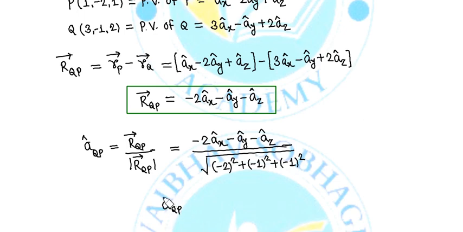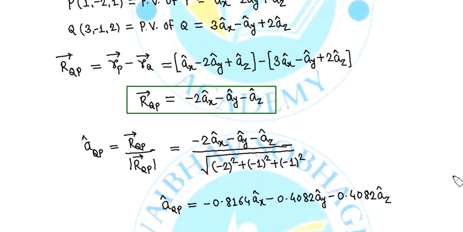So the unit vector directed from point Q to point P will be of this value: minus 0.8164 ax cap, minus 0.4082 ay cap, minus 0.4082 az cap.